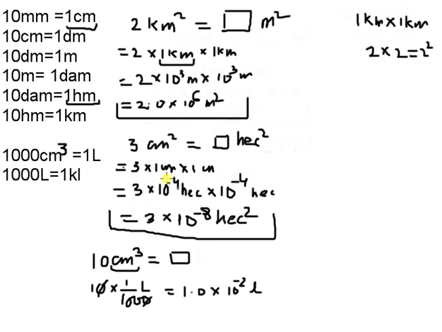Instead of liter, suppose I've got kiloliters. So we'll do it like this: 1.0 into 10 to the power minus 2, and for 1 liter, I can write 1 liter is equal to 1 by 1000 of a kiloliter.